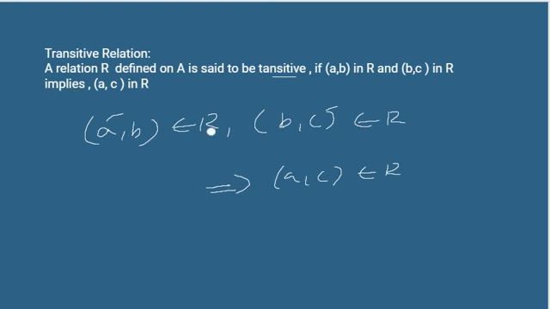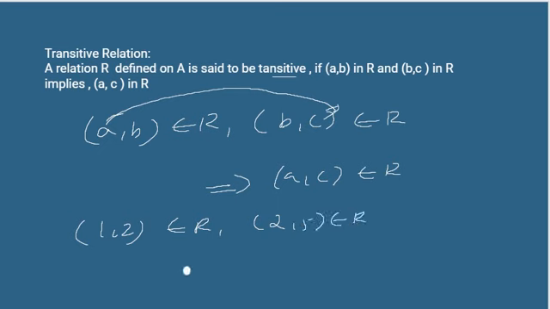If (1, 2) belongs to R and (2, 5) belongs to R, then what must be the condition? Then (1, 5) must be in R. Then only you can say R is transitive.